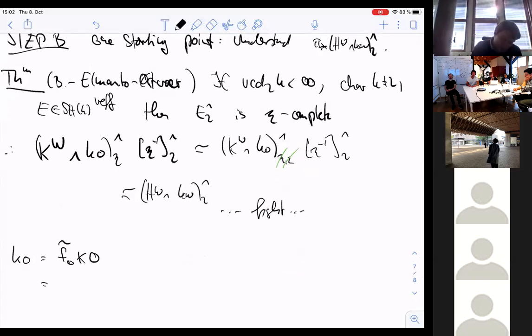I'm working only over fields here. It's also the same thing as the framed suspension spectrum of this GW guy. This was studied, for example, in a paper by Ananyevskiy, Röndigs, and some other people on very effective Hermitian K-theory. But that's what it is. Does it answer your question? Yeah, great.